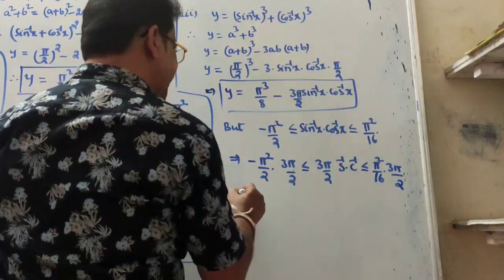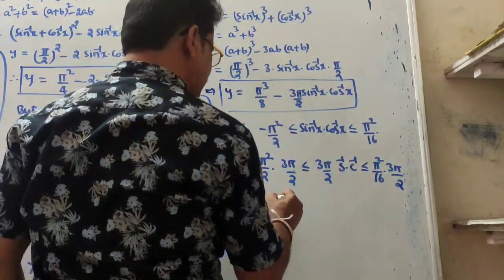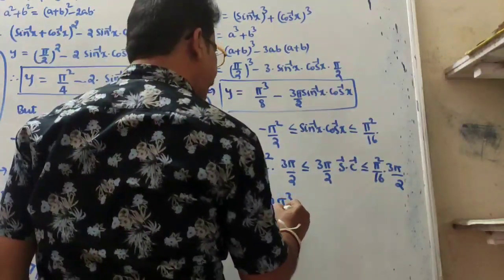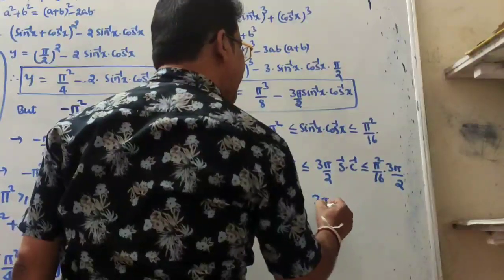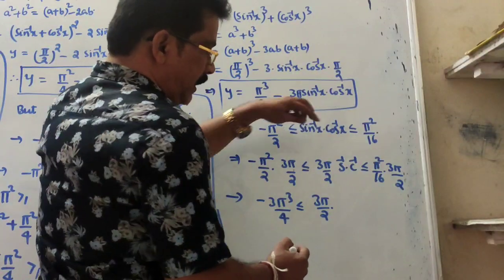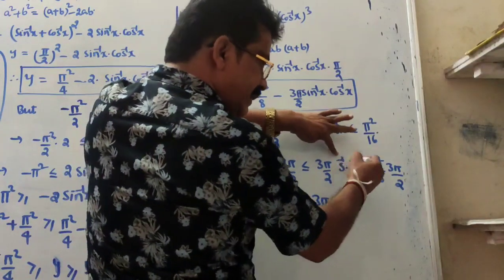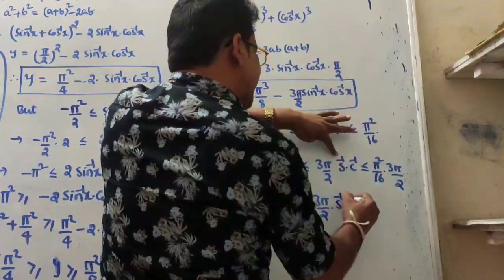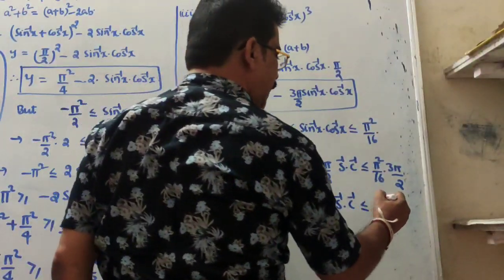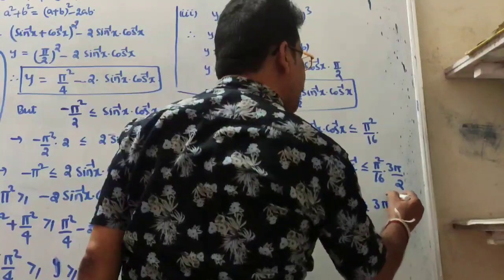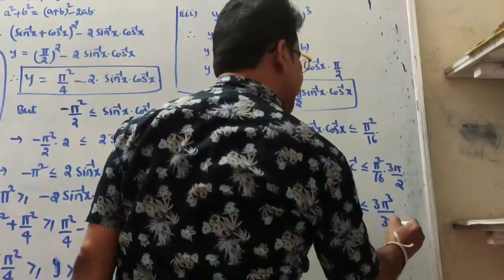So that implies minus 3 pi cubed by 4 is less than or equal to 3 pi by 2 into sin inverse x into cos inverse x, less than or equal to 3 pi cubed divided by 32.